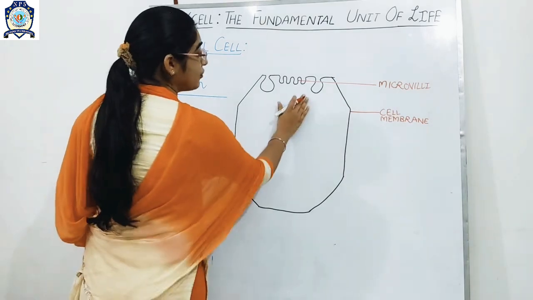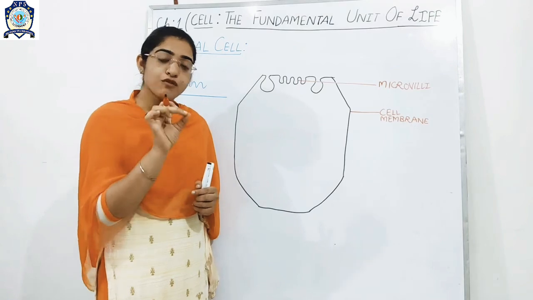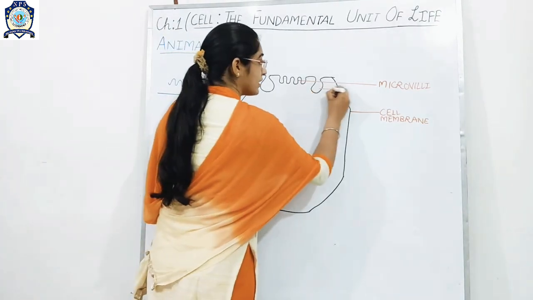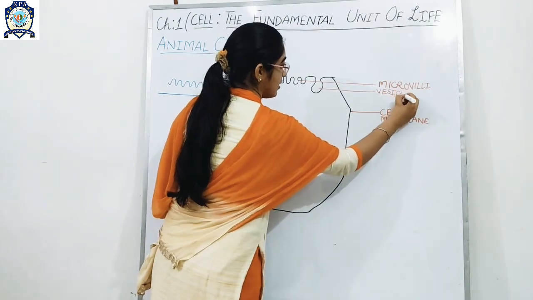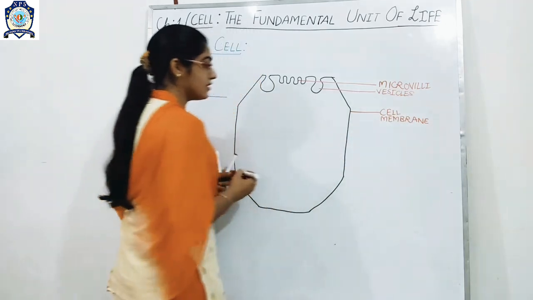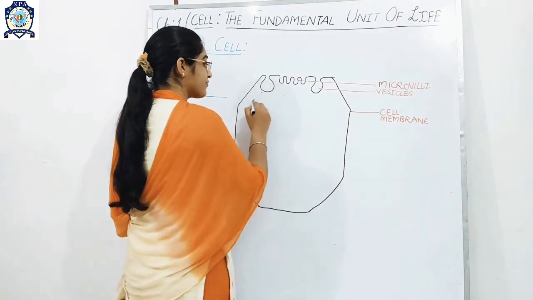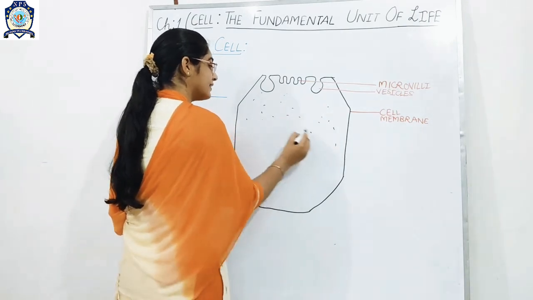Microvilli are the infolding of the plasma membrane, and these are called the vesicles.